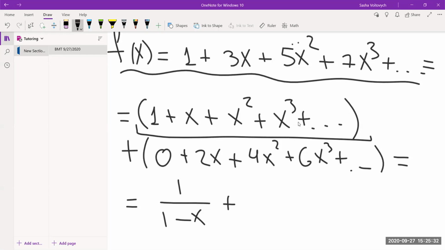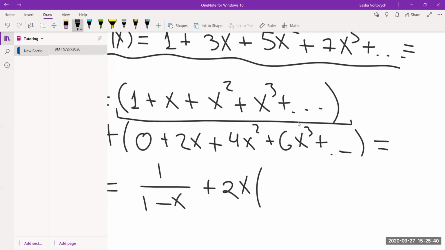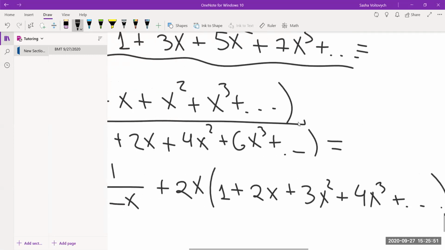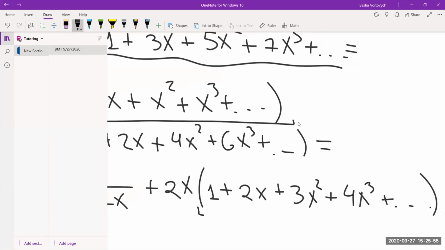So for the second one, first thing we do is we factor out 2x. And what is left is 1 plus 2x plus 3x squared plus 4x cubed plus and so on. So we have to figure out what this is equal to.